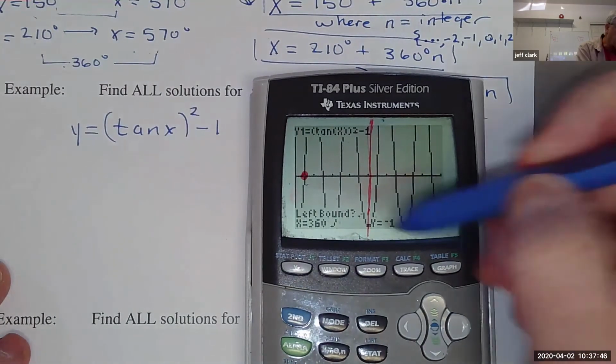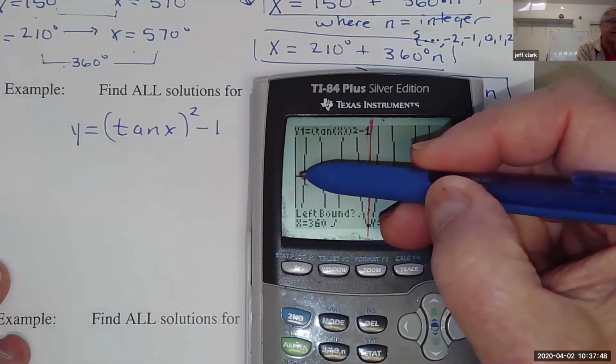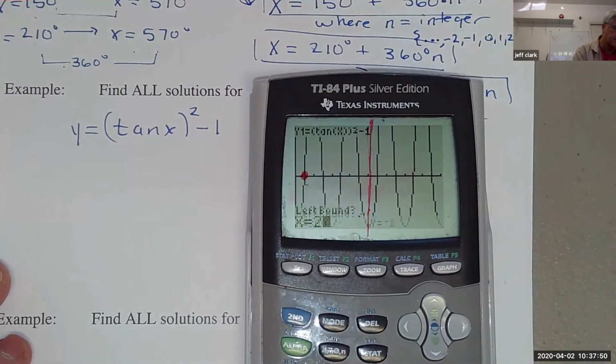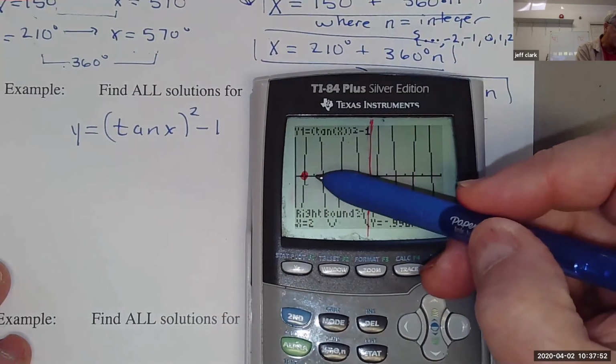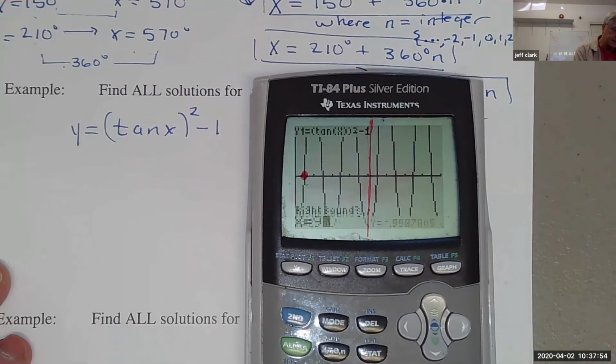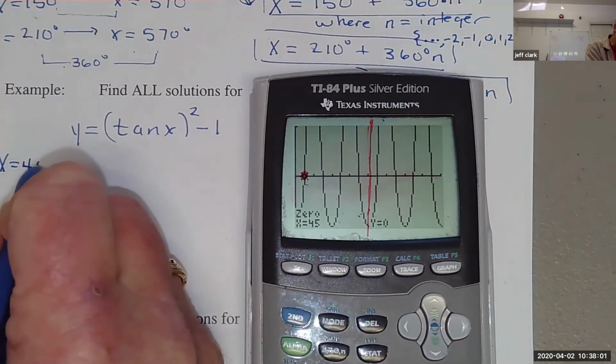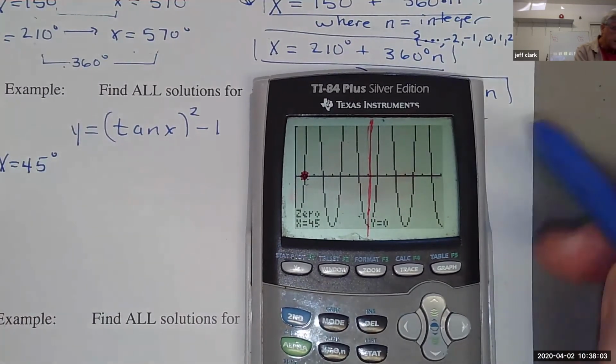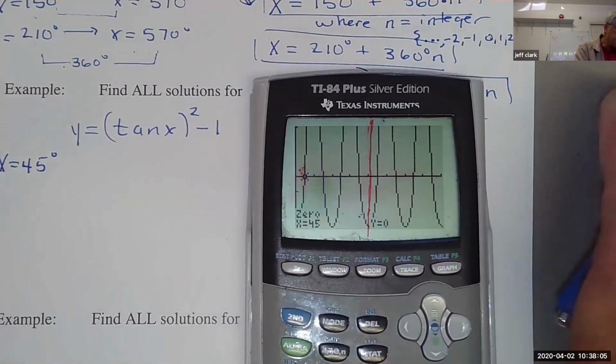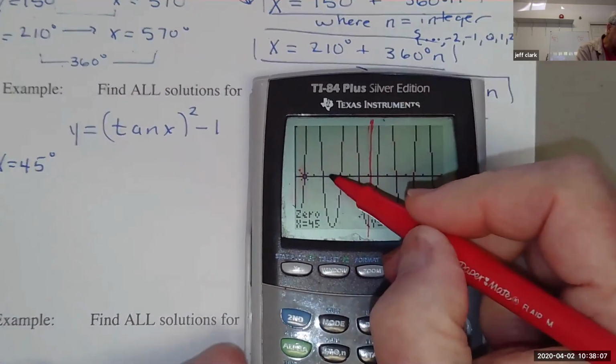Okay, each marker's 90 degrees. So let's go maybe 2 degrees. And then let's do 90 degrees. Okay, we're at 45 degrees. So one of the answers is equal to 45 degrees. All right, let's try the next one, which should be, let's do that one there.